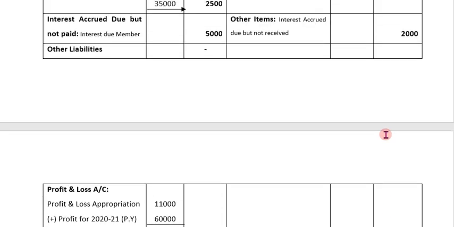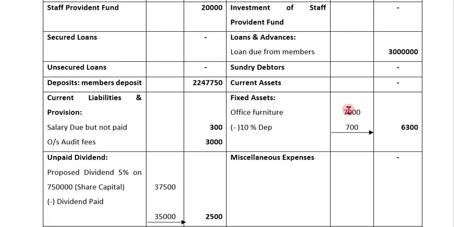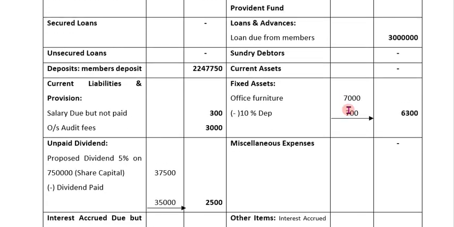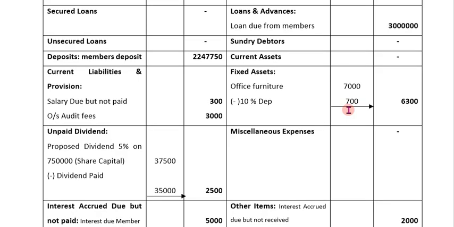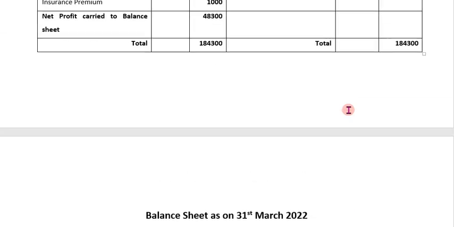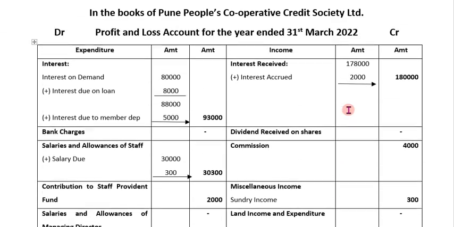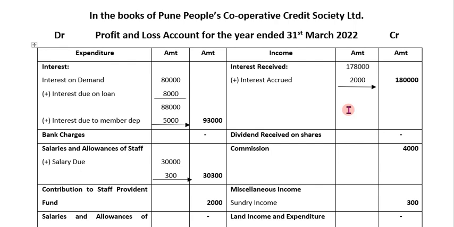That means both the liability as well as the asset side, both the amounts are the same. So in this way you have to prepare the profit and loss account and balance sheet of Pune's People Cooperative Credit Society. I hope you have understood this example.